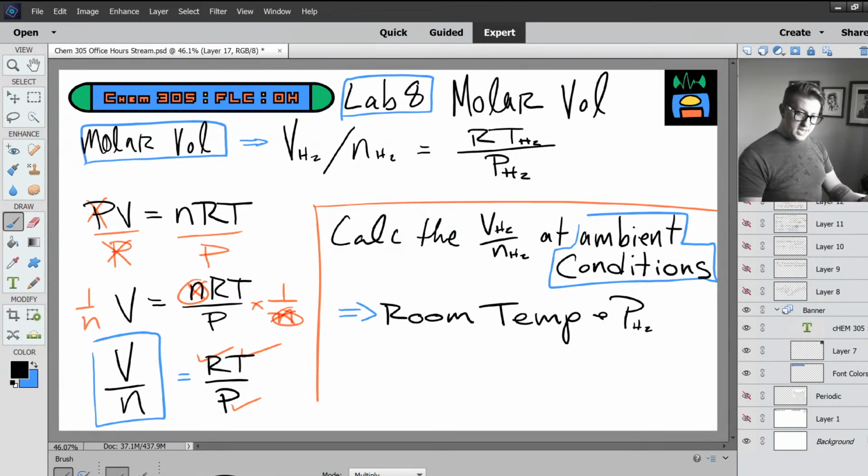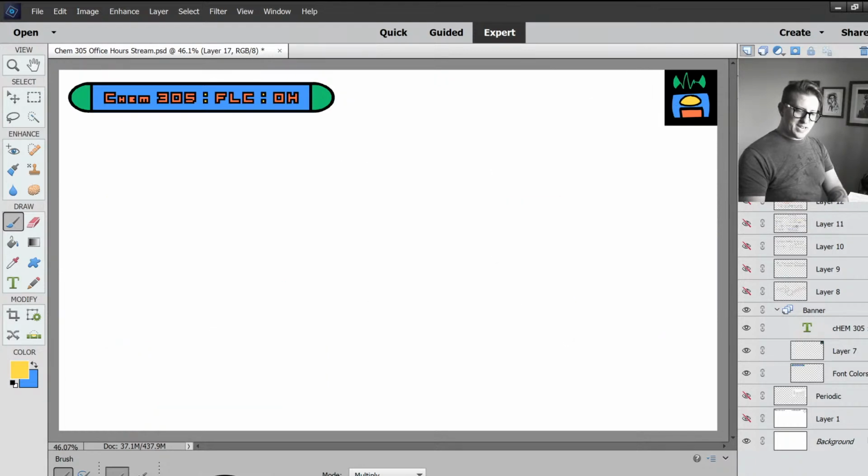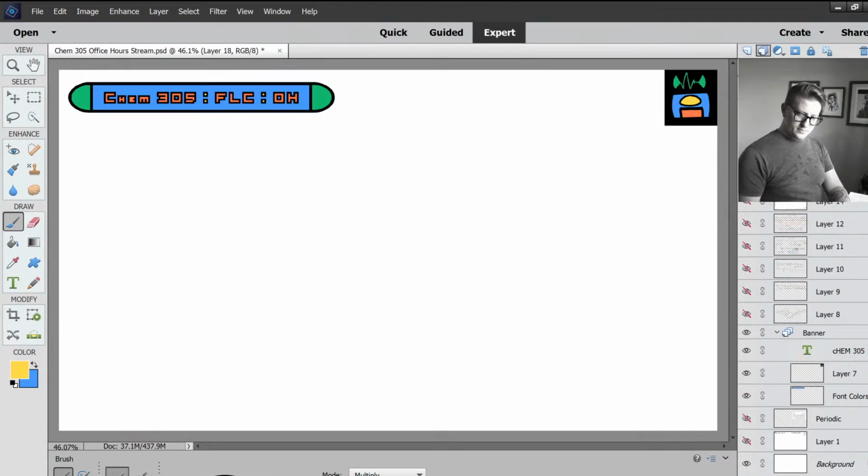Let's go ahead and find these quantities. Again, we need the temperature of hydrogen and the pressure. So when we look at our data set, I'm pulling that up right now.